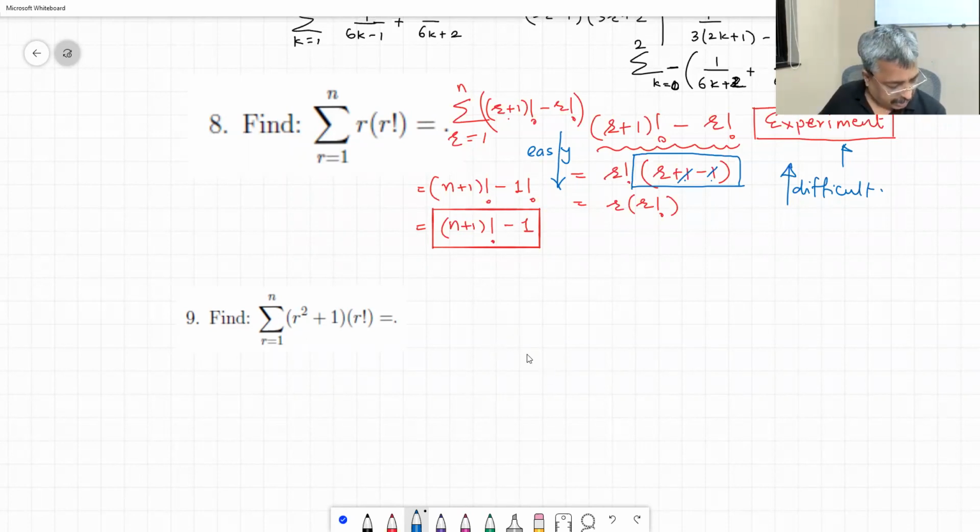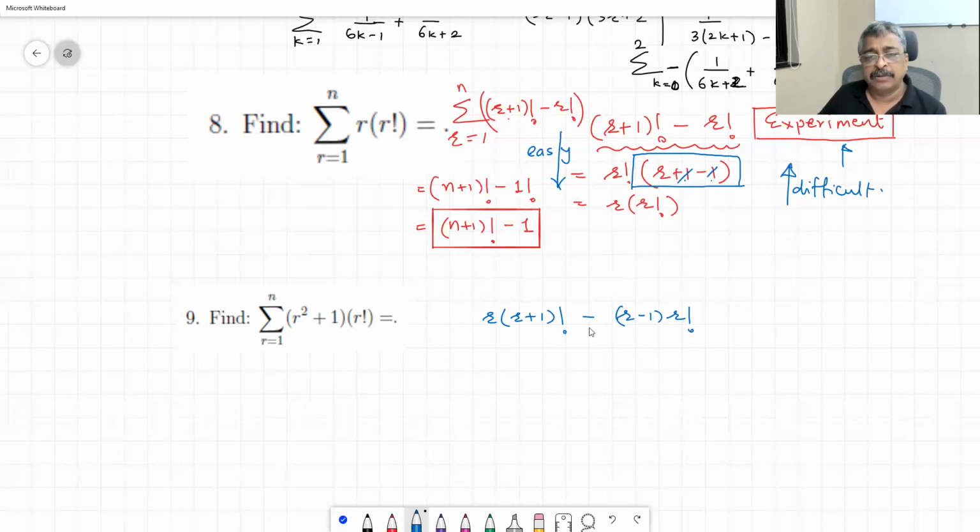Now in this case, the answer is r into (r plus 1) factorial minus (r minus 1) into r factorial. That is first term and second term. If I put r equal to r minus 1 in the first term, I get the second term.